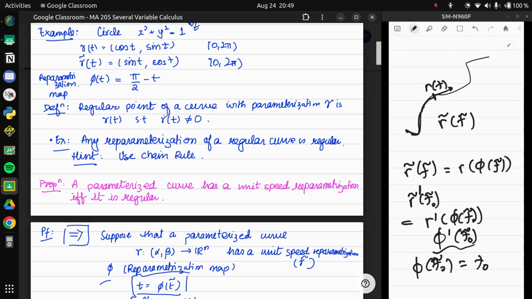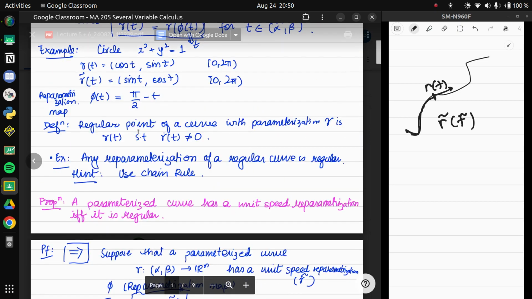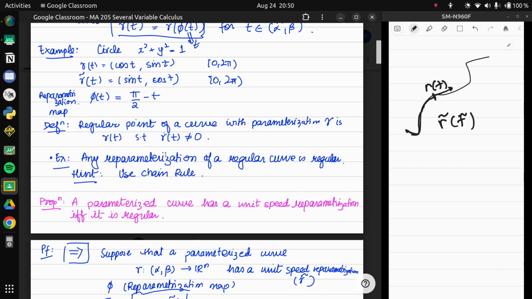So either a point is regular or not, no matter however you parameterize the curve. Okay, that was awesome. Yeah. So next they define something called a regular curve, where all the points are regular.